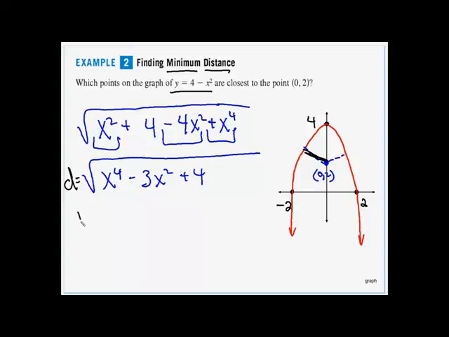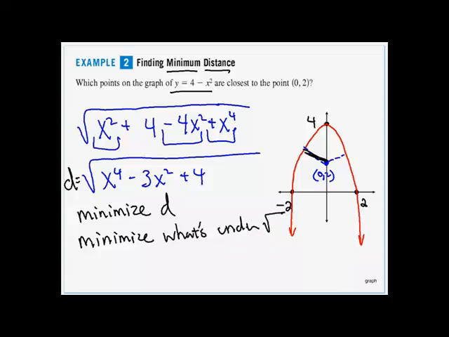So to minimize d, the distance, we just need to minimize what's under the radical. If we minimize what's under the radical, that will minimize it even after we take the square root of it. So we can sort of just ignore that square root sign. We just want to take what's under it and minimize that value.